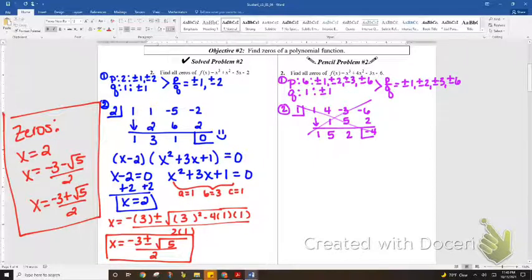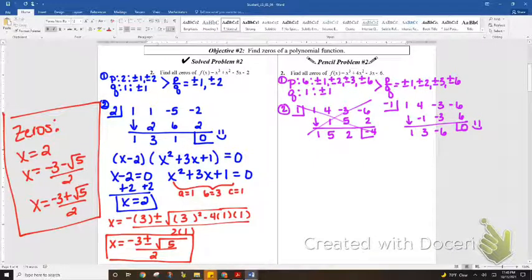So let's try negative 1. Alright, so 1, 4, negative 3, and negative 6 are my coefficients. And that one worked.